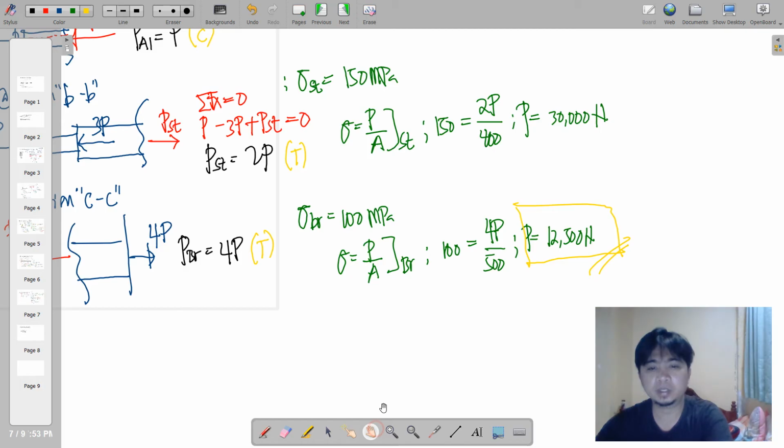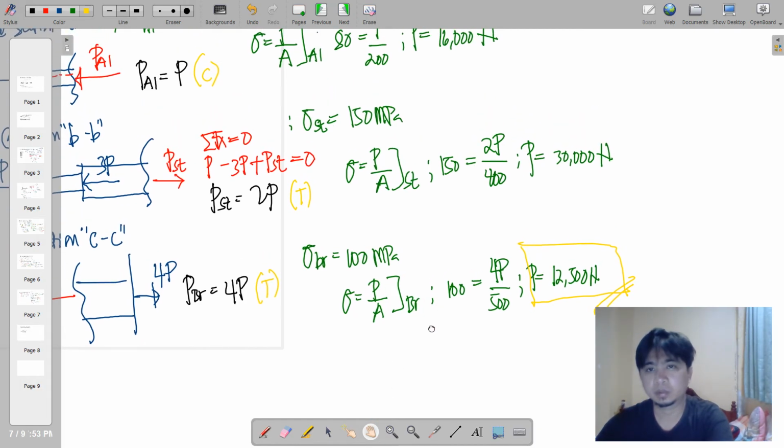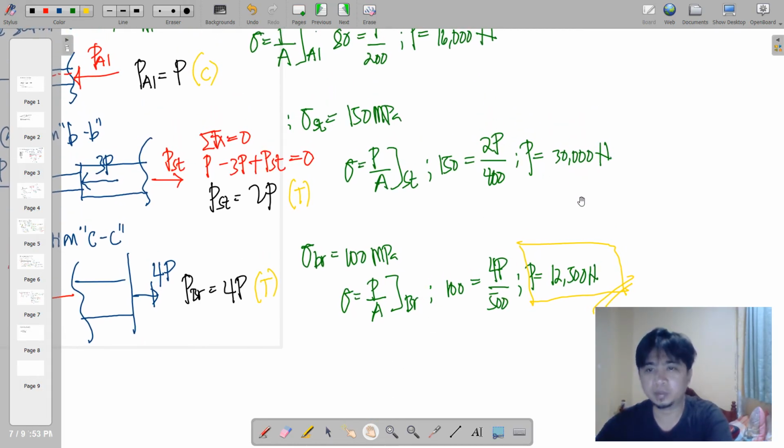So we do not choose the greater values because it would fail the other. Choosing this one, it would certainly fail the other material. Okay, so we always choose the lowest as the maximum value for P. So therefore, that's it for this problem.